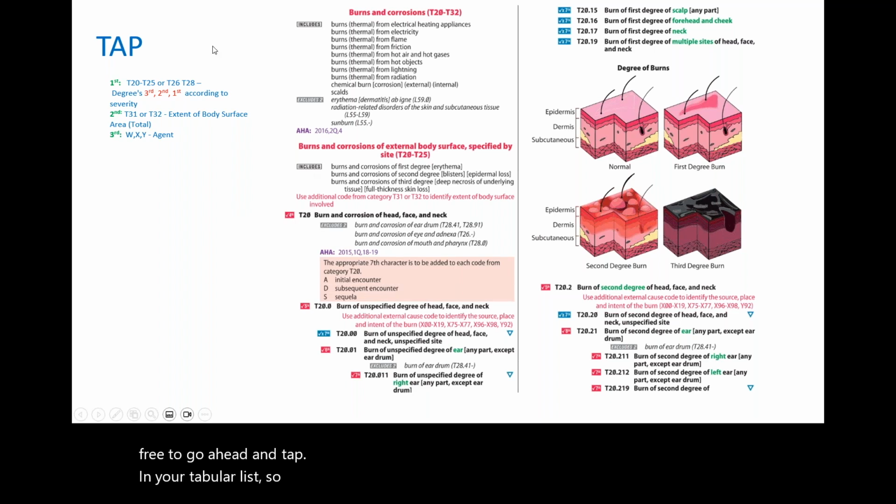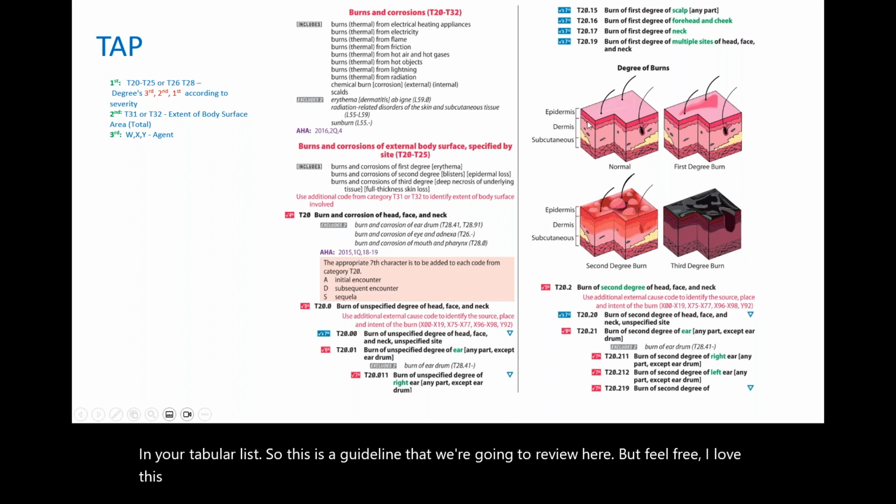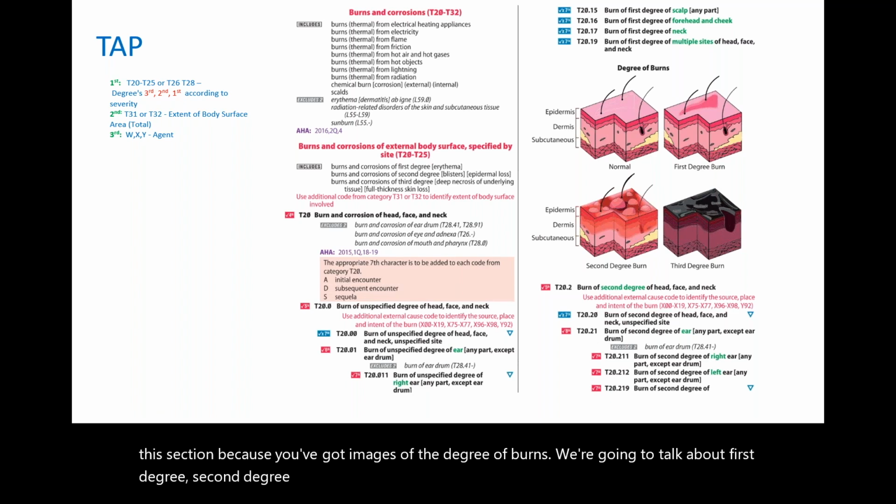This is a guideline that we're going to review here, but feel free. I love this section because you've got images of the degree of burns. We're going to talk about first degree, second degree, and third degree burns, but here's a reference.